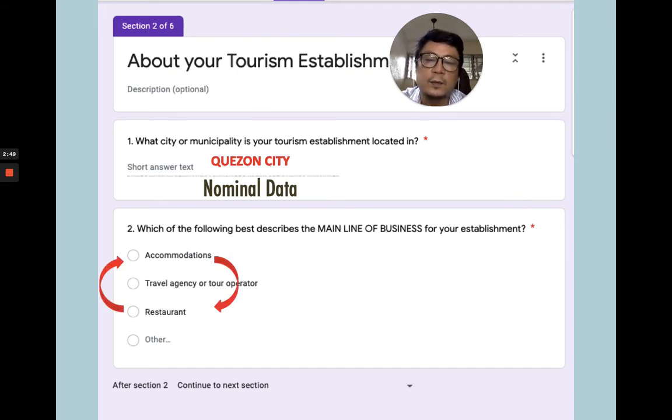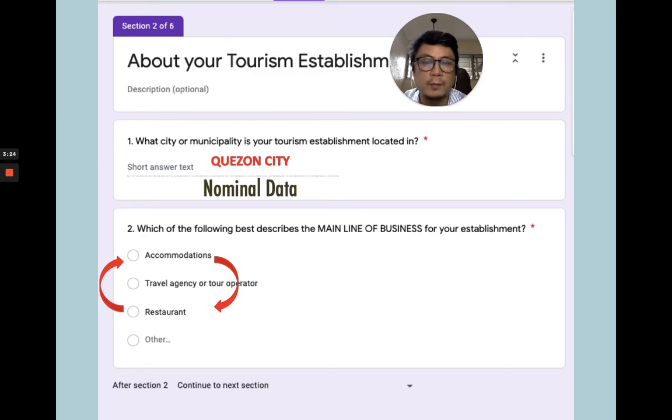In the next question, which of the following best describes the main line of business for your establishment? So we have accommodations, travel agency or tour operators, restaurants, and other. Okay, again, this is nominal data. As you can see, even if we move the accommodations to where restaurant is and we move restaurant up, it doesn't make a difference in the kinds of data that we got.